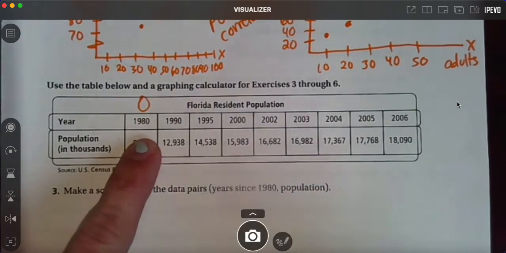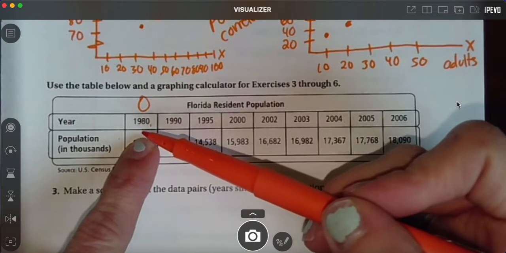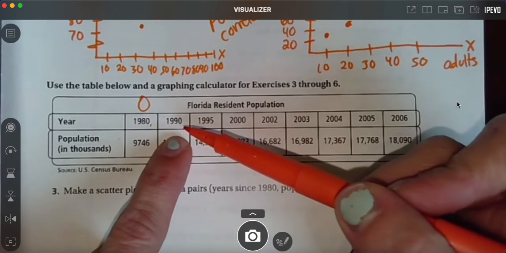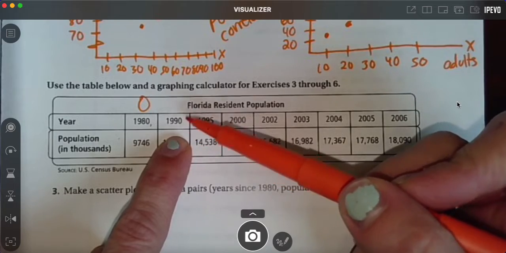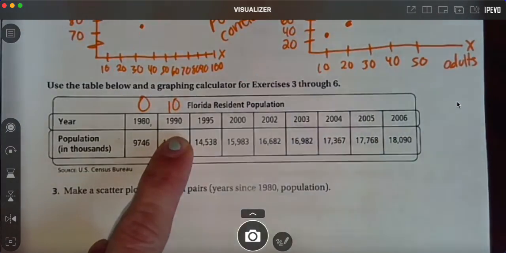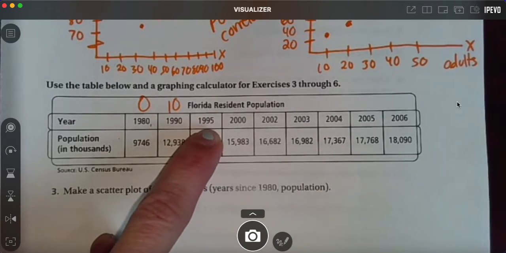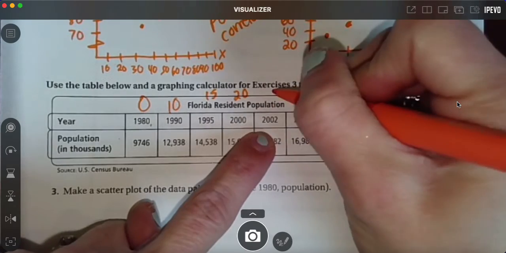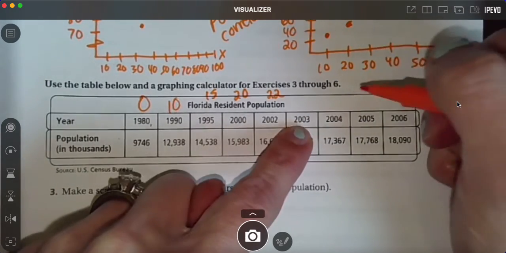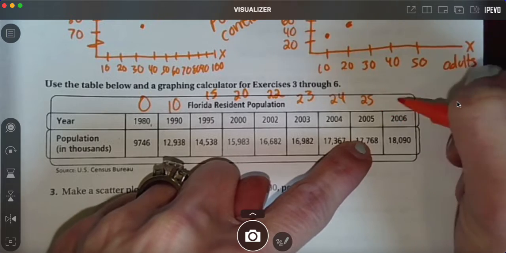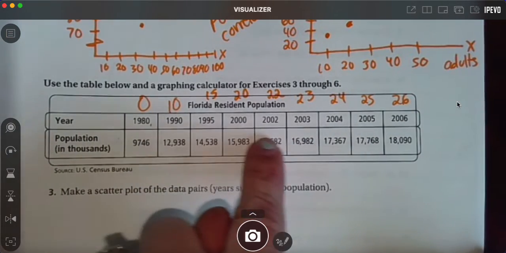If this says 1990, it's been 10. How many years has this been since 1980? 15, 20, 22, 23, 24, 25, 26. These are my X values.